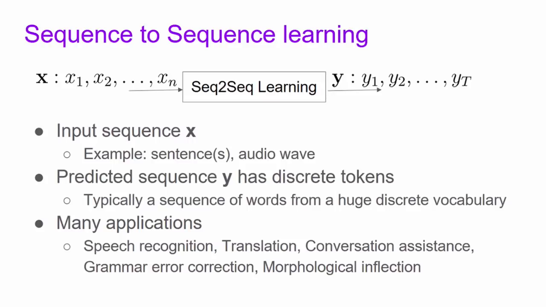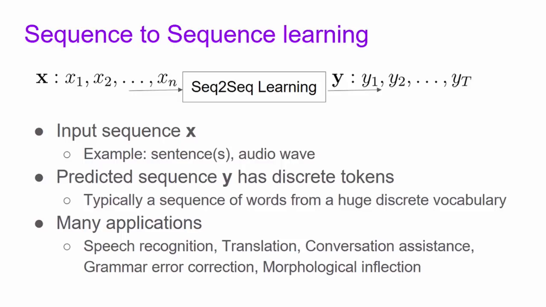So first let me just crisply define what I mean by sequence-to-sequence learning. Your input is a sequence, and we are going to denote the different parts of the sequence x1 through xn. So when you are talking about tasks like translation, the xi's denote a word in a sentence, and the output is another sequence.